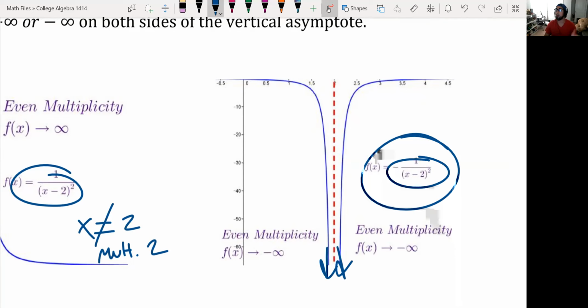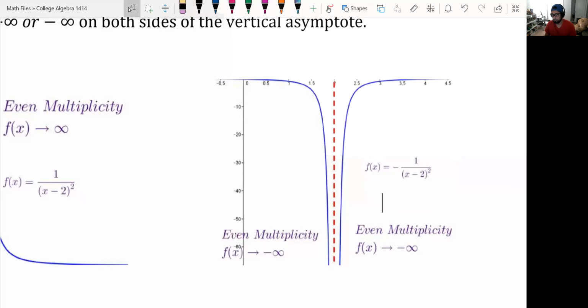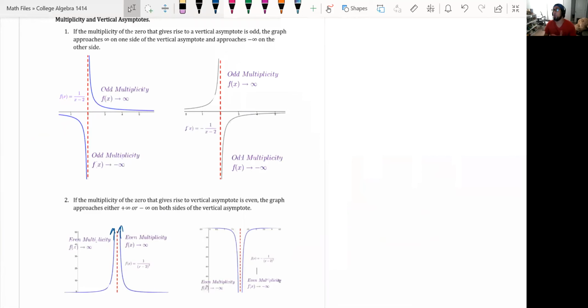Look at your denominator. You have a multiplicity of 2. It's an even multiplicity. So once again, if you have an even multiplicity on a vertical asymptote, both tails will head up or both tails will head down. And that's it. That's multiplicities of vertical asymptotes.